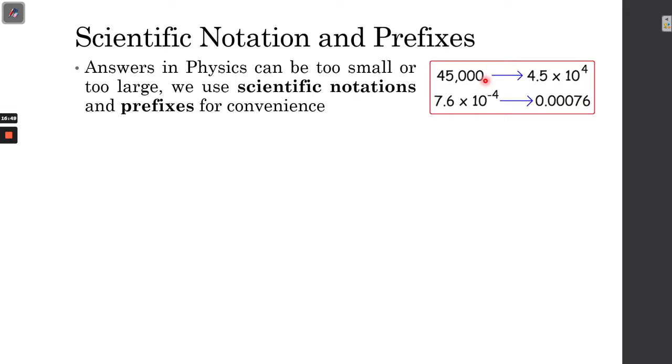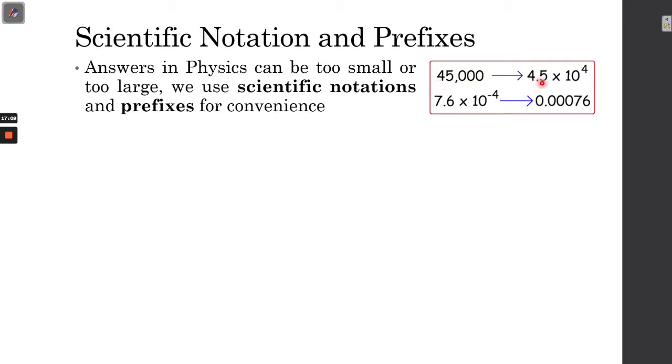So what we do is we move the decimal point from right to left. So 1, 2, 3, 4. When you reach the first number, that's where you stop. And what you do is add the decimal point in between those two numbers.